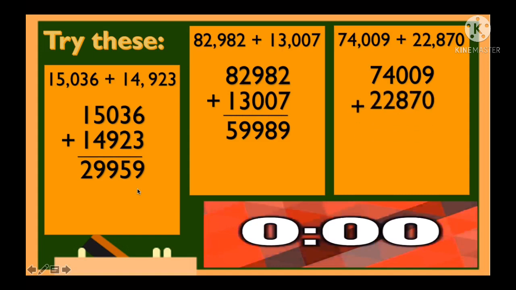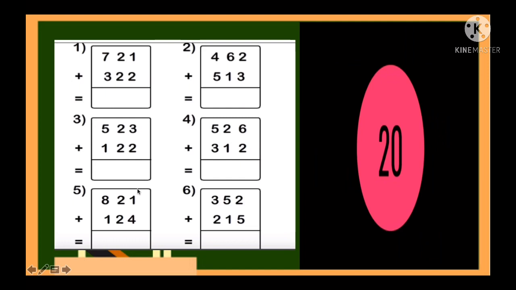Okay, what is your answer? Let's see if we are the same. 96,879. Correct? Very good. Now, for 20 seconds, you need to answer the following from number 1 to number 6. Your time starts now.